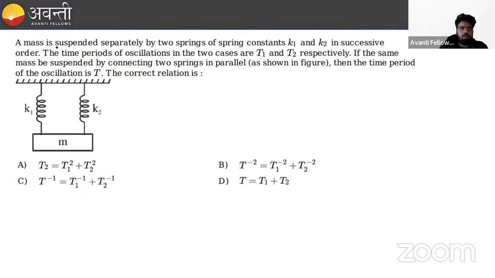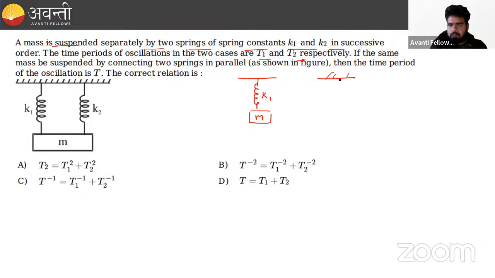In the next problem, what is given? A mass is suspended separately by two springs having spring constants K1 and K2 in successive order, with time periods of oscillation T1 and T2 respectively. So suppose there are two individual springs. If we consider that this is spring 1 having spring constant K1 connected with a block M, the same block.